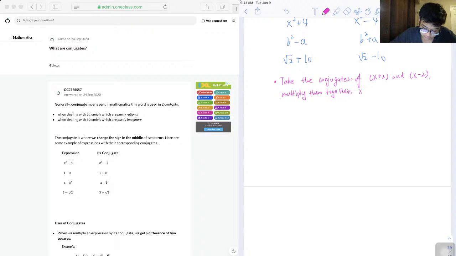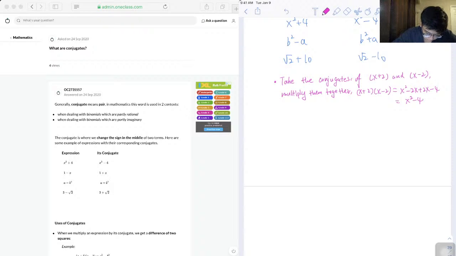So we have x plus 2 times x minus 2. And by applying the FOIL method, we get x squared minus 2x plus 2x minus 4, which gives us x squared minus 4.